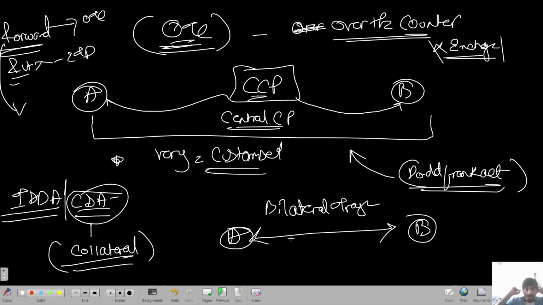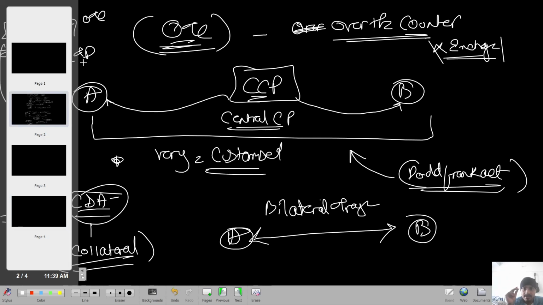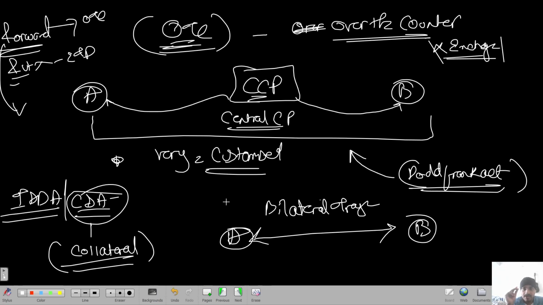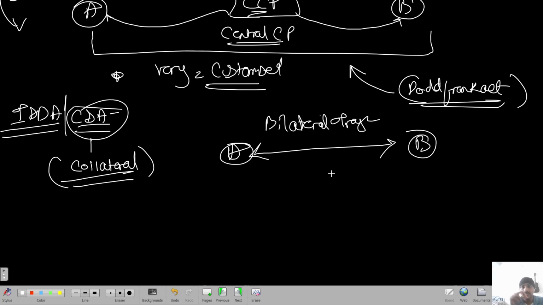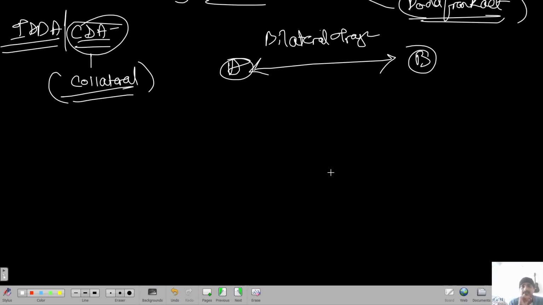Not really, because again, as I mentioned, counterparties have to enter into an ISDA agreement, and in the CSA the collateral is specified.